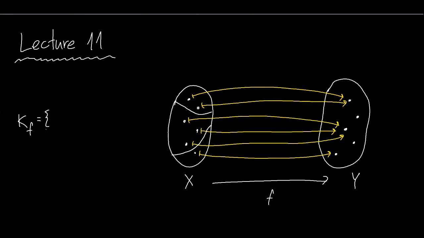So it consists of all pairs x1, x2 in X cross X such that f of x1 equals f of x2. And as such, it lives inside the product of X with itself.